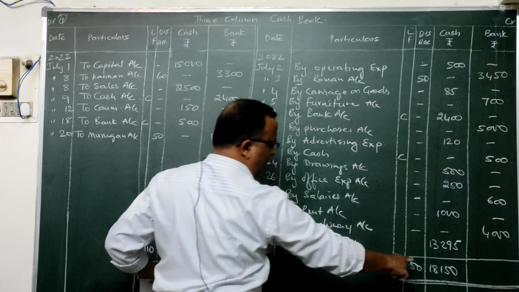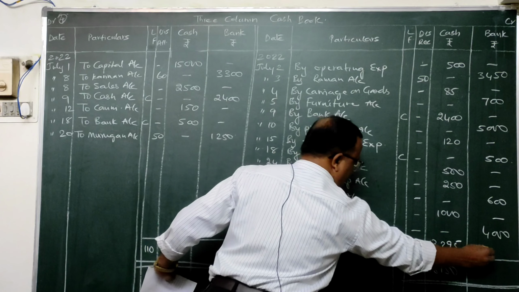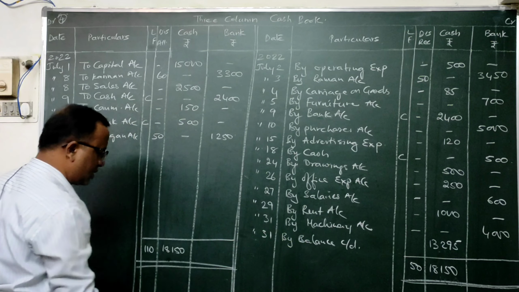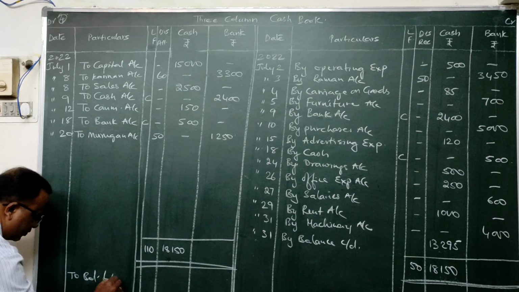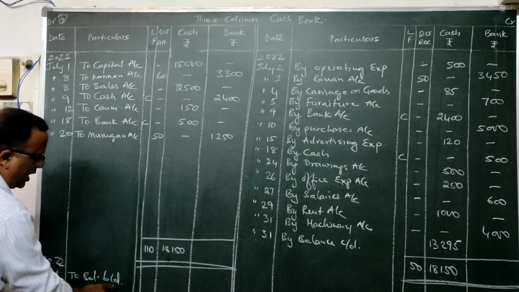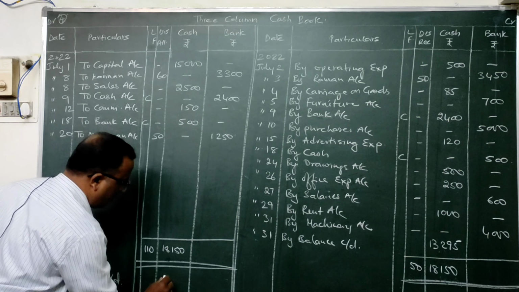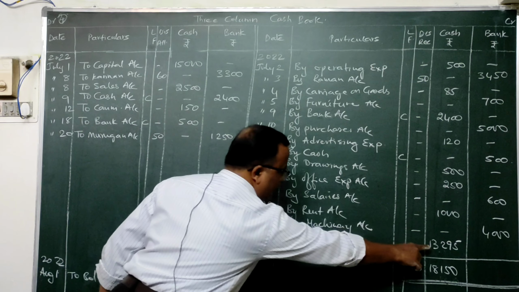So the total I have written here. From this we have subtracted all this, we got this balance. Okay, so this is by balance carried down, which will become to balance brought down. That is on which date? July, that is nothing but August 1st, 2022, to balance brought down. Okay, the balance will be 13,295, this amount.